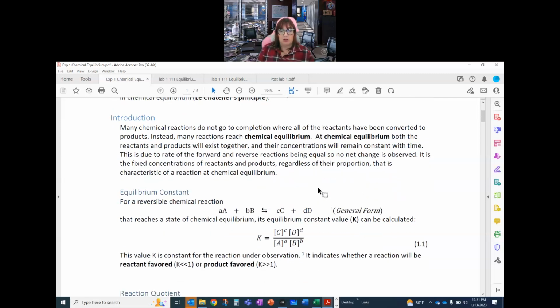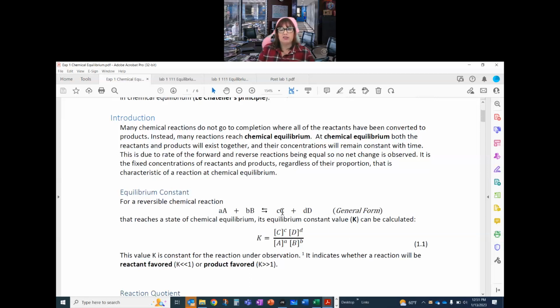That equilibrium constant, or a general equation, takes the form of K, so it's symbolized as K, is equal to the concentration of each product raised to its stoichiometric coefficient over the concentration of each reactant raised to their stoichiometric coefficients.